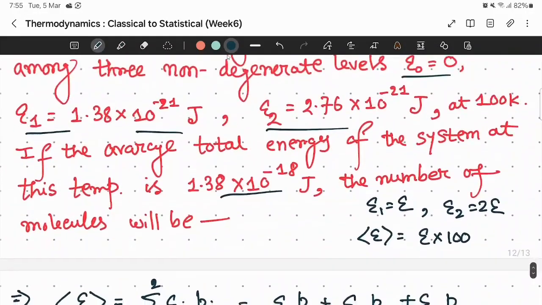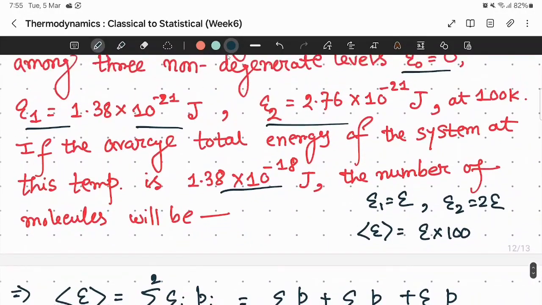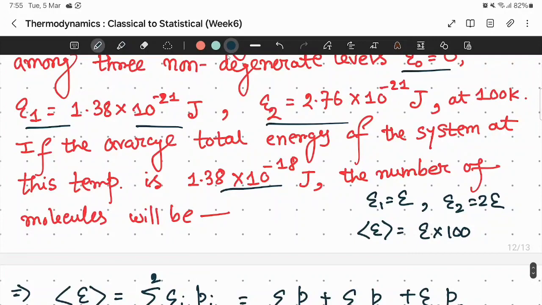I have probably made some mistake. The 100 is the temperature.